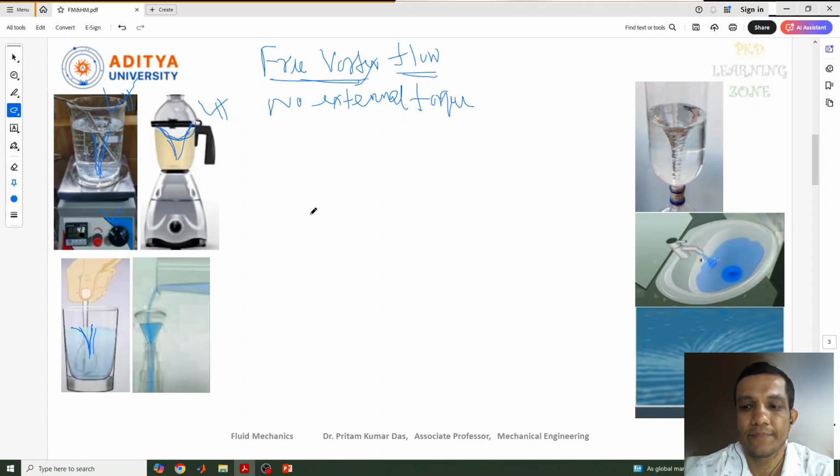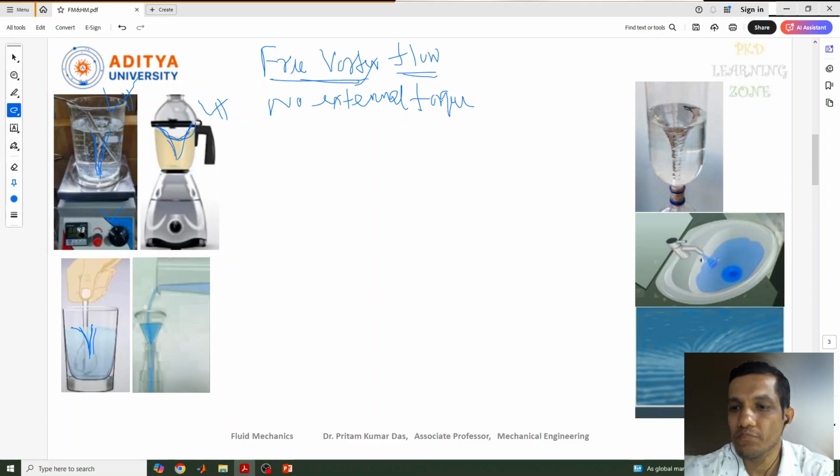The second one is that the liquid in the case of free vortex flow is rotating due to the rotation imparted to the fluid previously. It means some kind of force already exists in the liquid, due to which it is flowing, or some vortex is forming in that. Now here I have taken some examples of this free vortex flow.